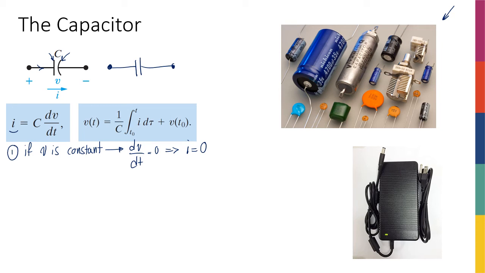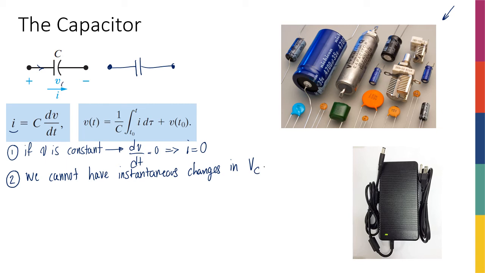And the second observation is very similar to what we had with the inductors. We cannot have instantaneous changes in the voltage of a capacitance, or VC, the voltage across a capacitance.